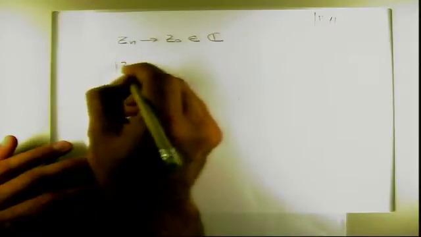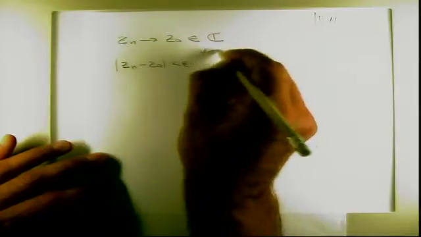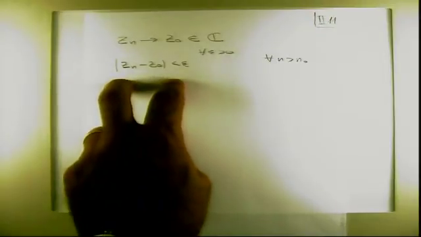Okay, so Zn tends to Z naught in C if the modulus of Zn minus Z naught is smaller than epsilon, any positive real number, for any n greater than n naught, okay, for the distance. And this, of course, reproduces the same or similar condition also in the sphere. Because if this is controlled, then whatever happens to the modulus of Z, this controls also the distance in the sphere.